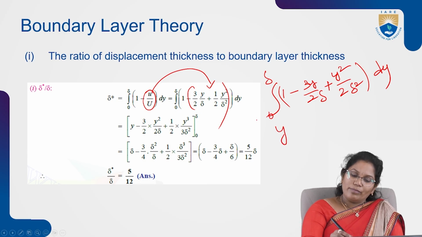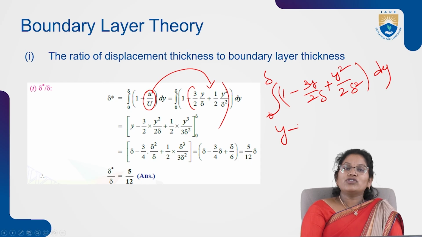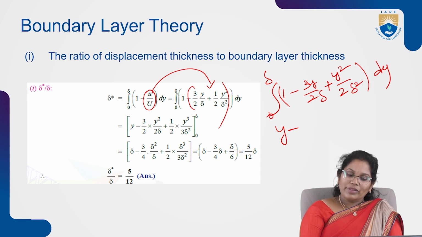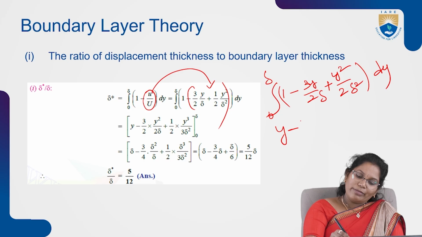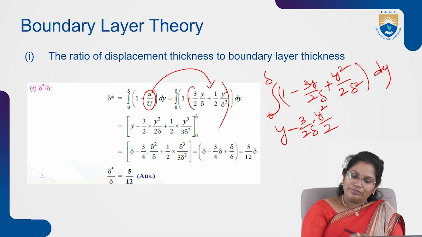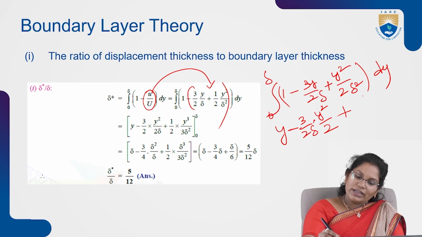y minus integration of 3y by 2 delta. What is that? 3 by 2 delta is constant and y will become y square by 2. Right? Plus here 1 by 2 delta square.